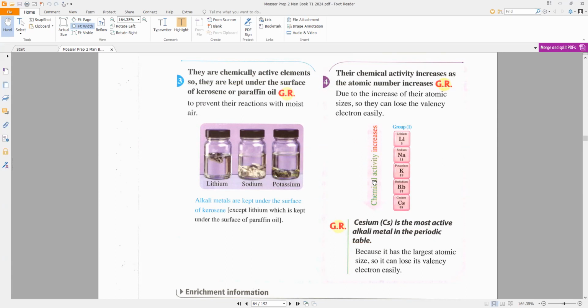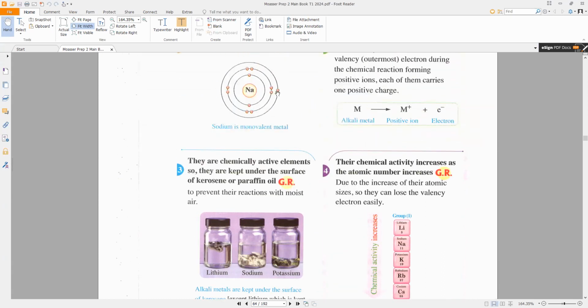Because the atomic size increases, so the attraction between the positive nucleus and the outermost electron becomes weaker. So the atom can lose the outermost electron more easily.